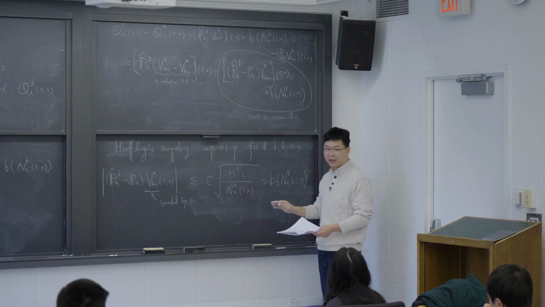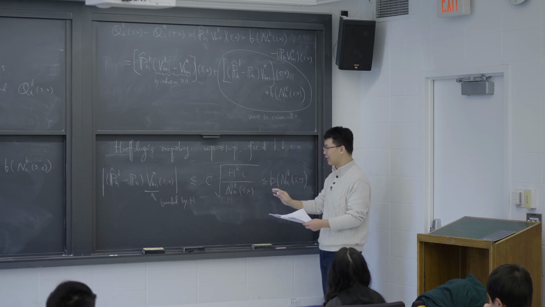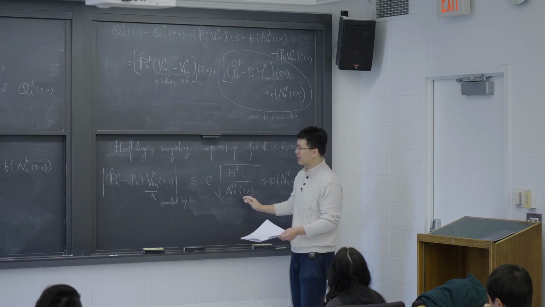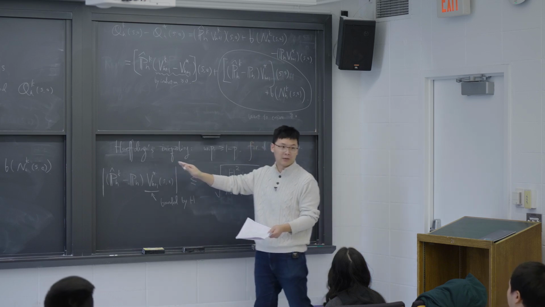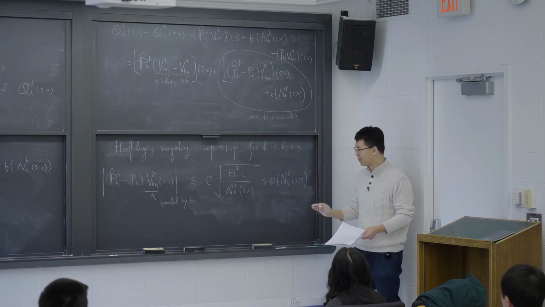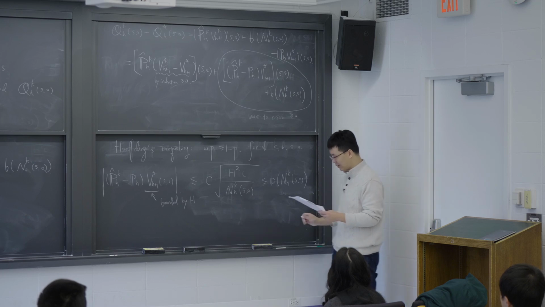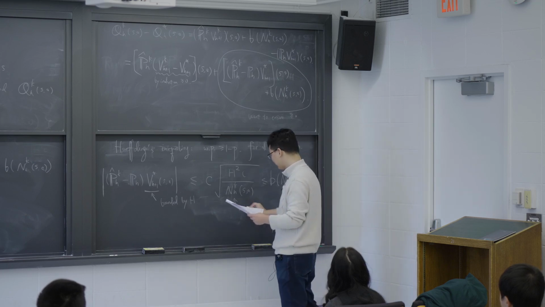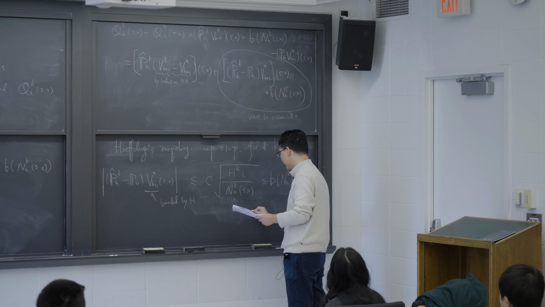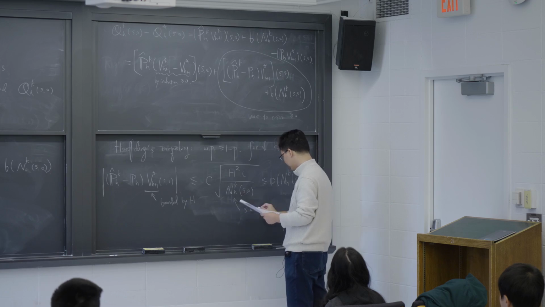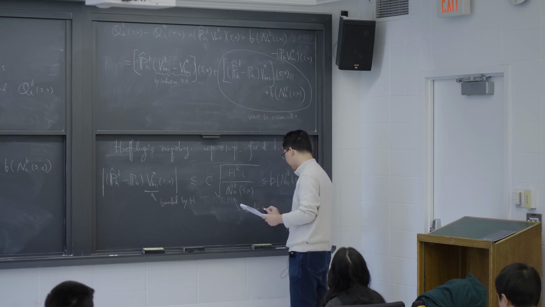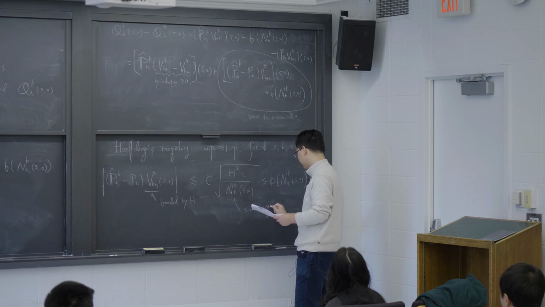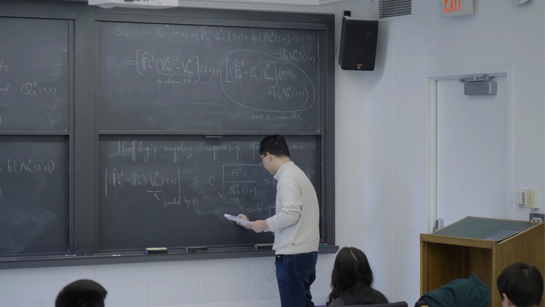K is random. So that's why you need to do a little bit more advanced techniques in addition to just Hoeffding. You need to do Azuma-Hoeffding, a similar argument to UCB, to handle the randomness in this count N_h^k(s,a).